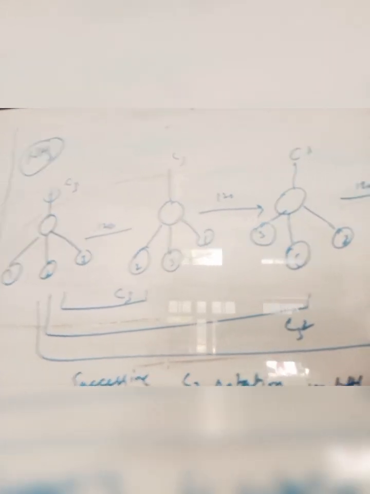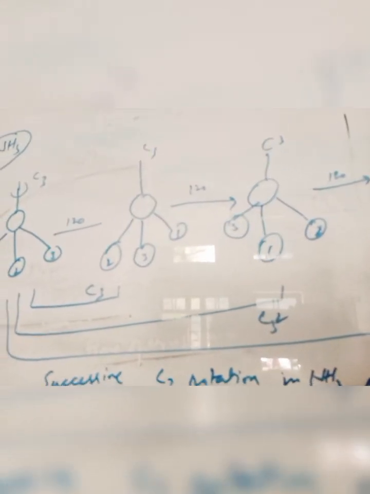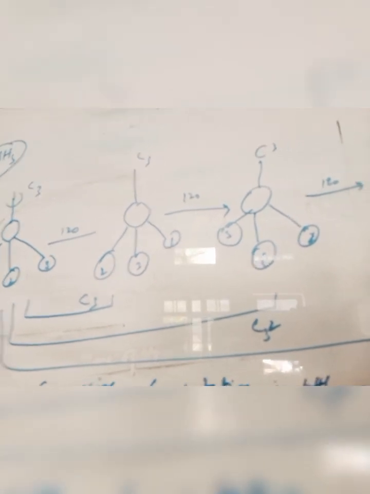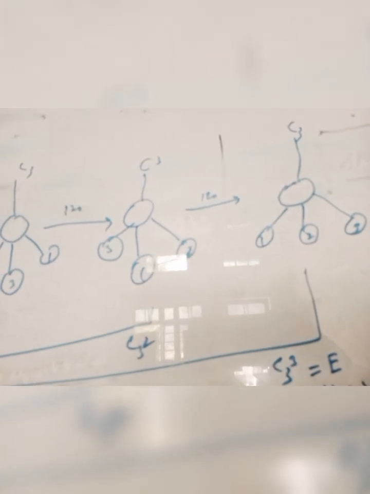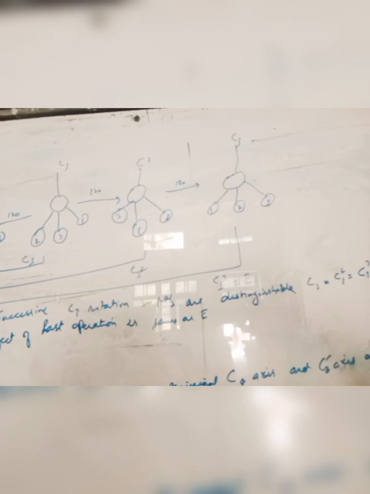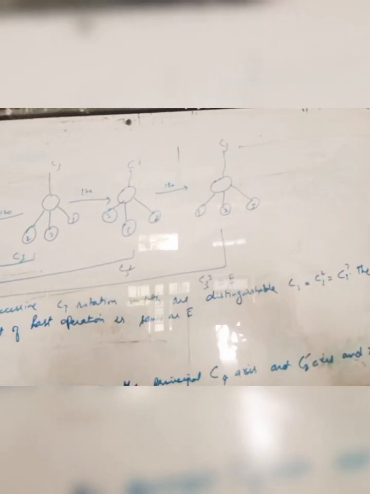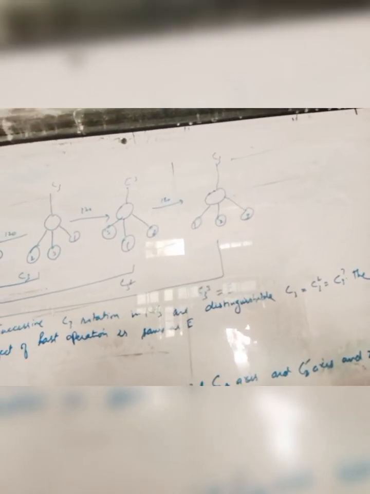From here they turn and rotate by 120 degrees, again 120 degrees, and again 120 degrees. That's why it's three times a 120 degree rotation. It's called a C3.